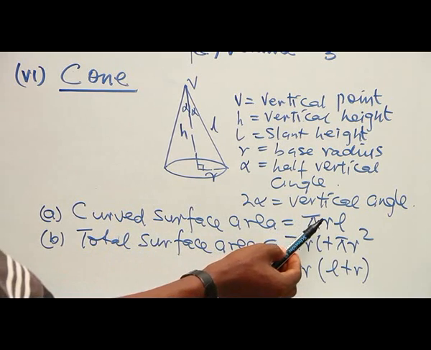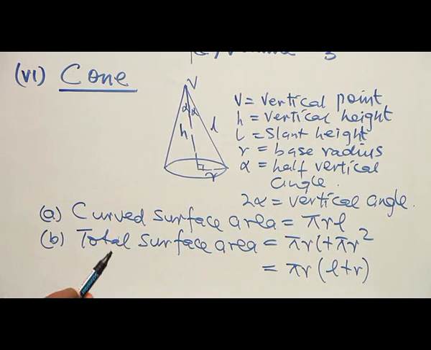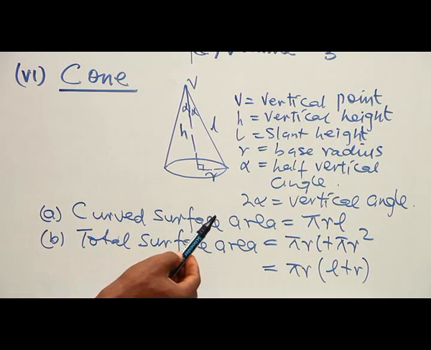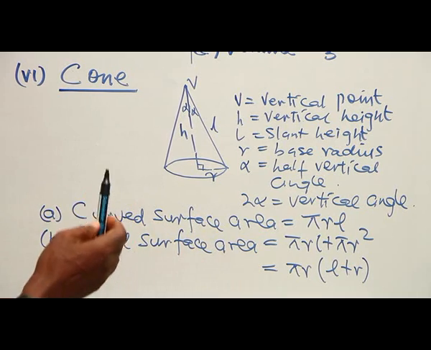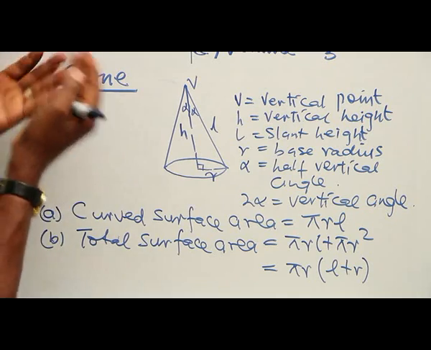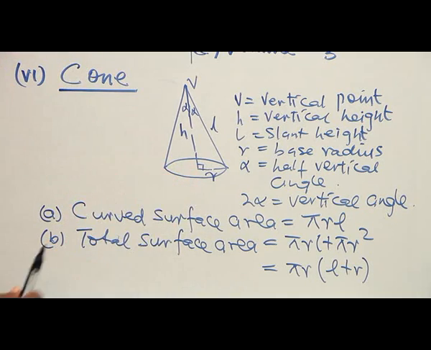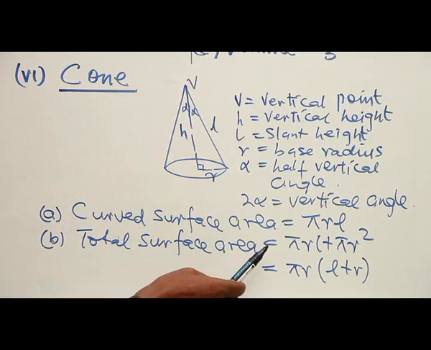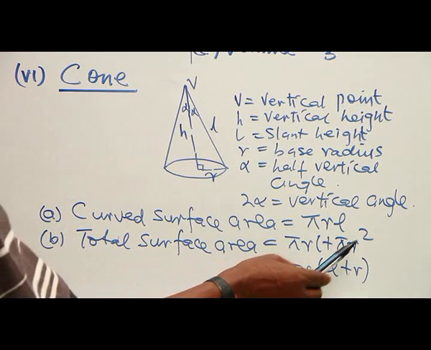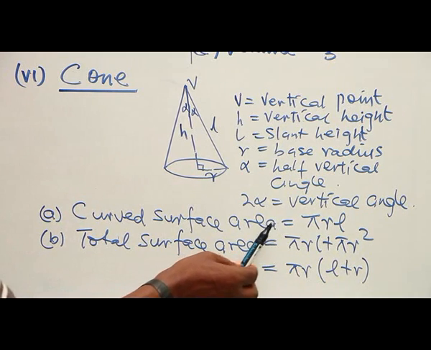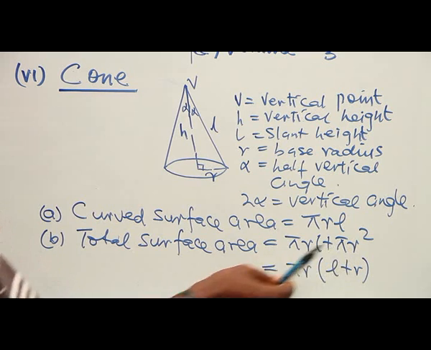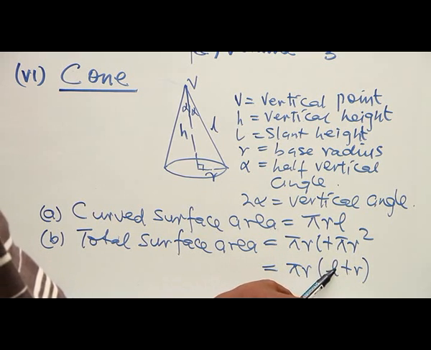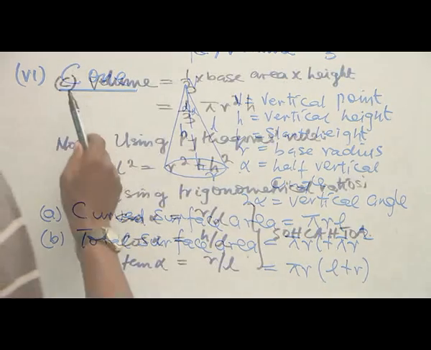This is pi rho L. Pi rho L is the formula you use to calculate the curved surface area. The curved surface is the body without the circular base. The total surface area will now be pi rho L plus pi rho squared, which means the curved surface area plus the circular base. This can be factorized to have pi rho into L plus R.